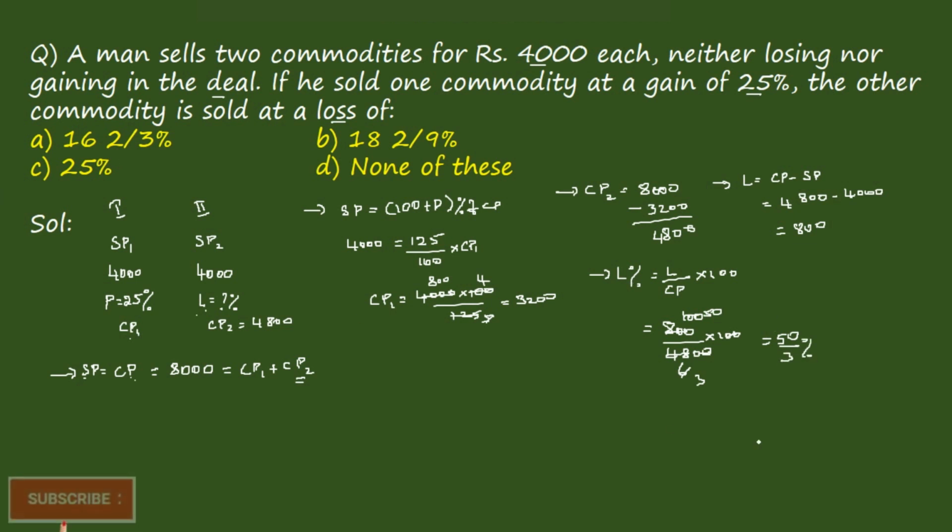But the answer is in a different format, so just divide it and get 3 within 50. 16, 2 by 3 percentage. So how much loss should we get, so that we'll be getting neither loss nor gain? It is nothing but option A.